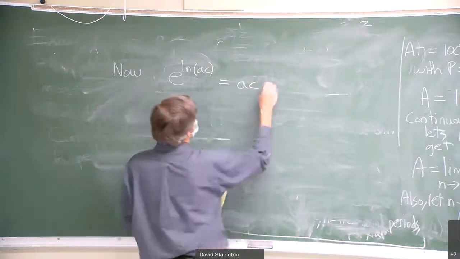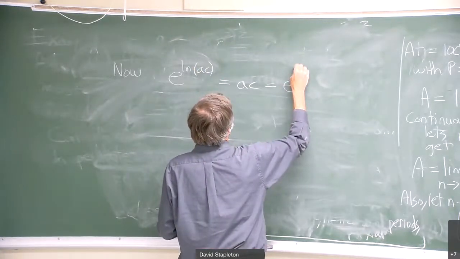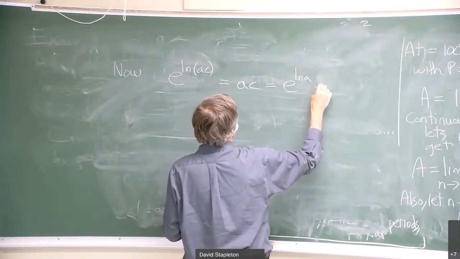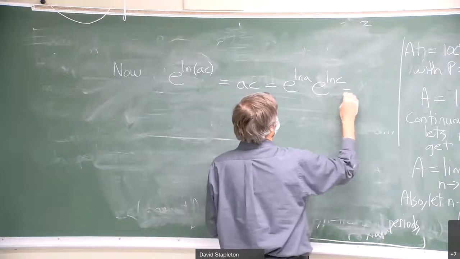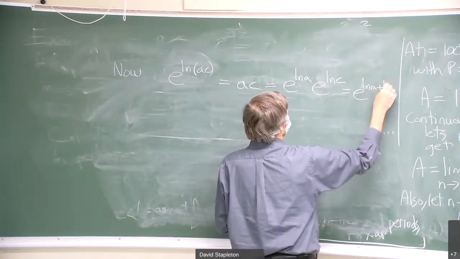By the inverse property we just wrote. And now a is equal to e to the natural log a, and c is equal to e to the natural log c. And now exponents add on exponentials from our properties before. So this is e to the ln a plus ln c.